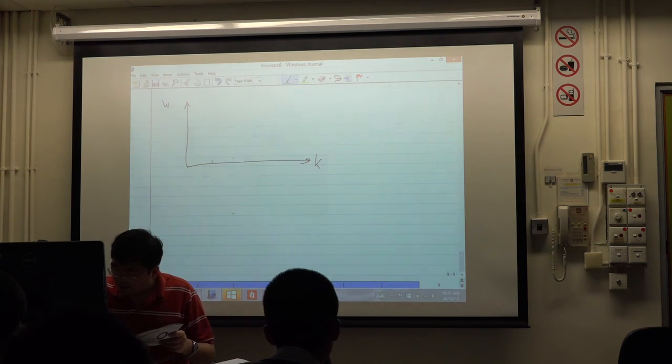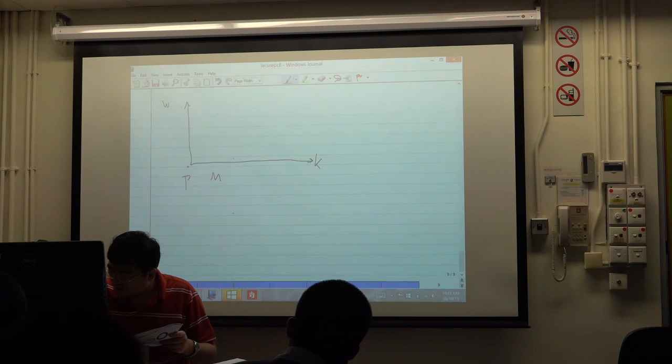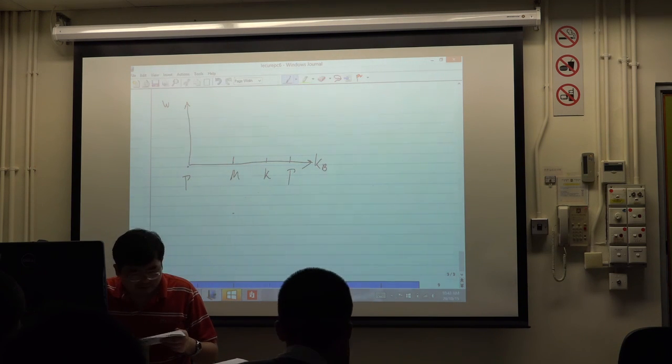This is Gamma, we call it M. Now I do this k, and they call it Gamma. This is k Bragg, something like this. So they draw the air line something like that.